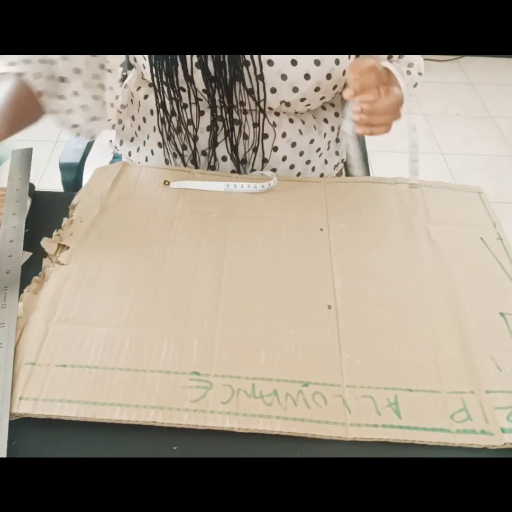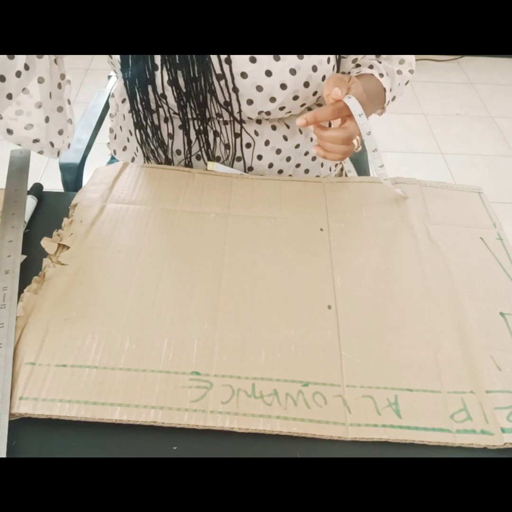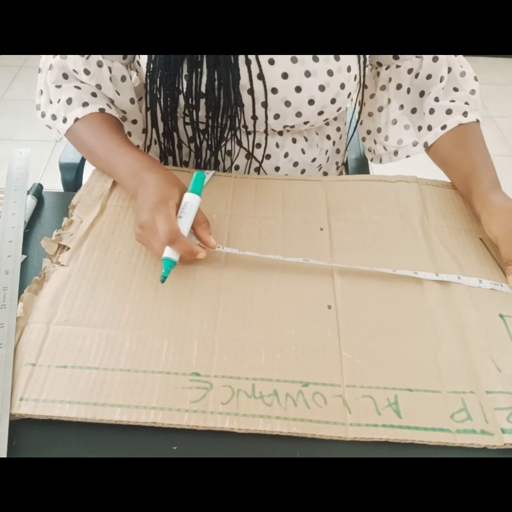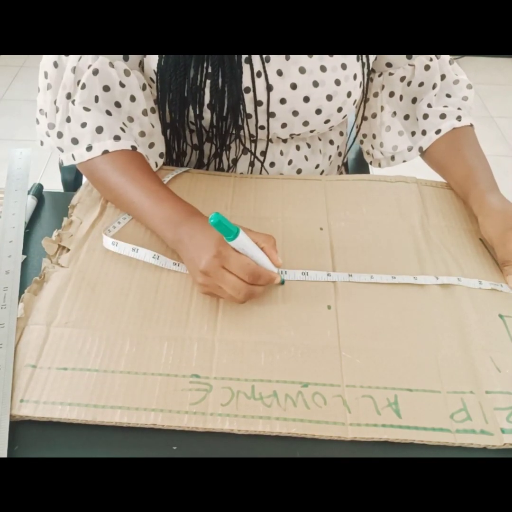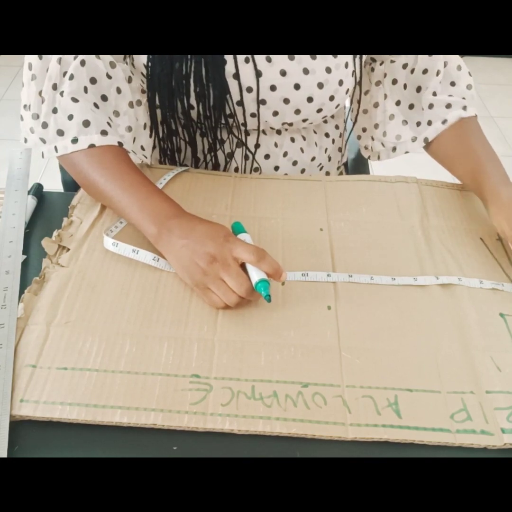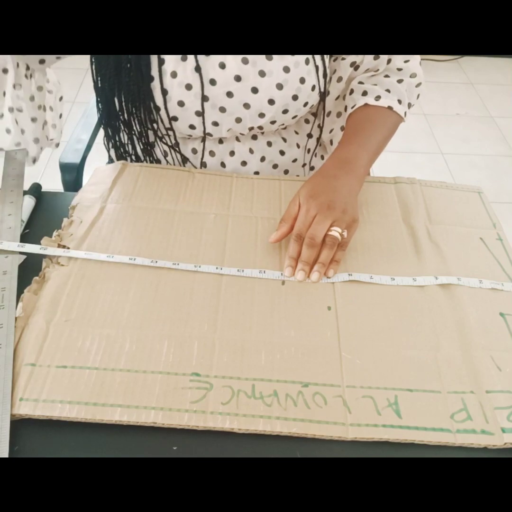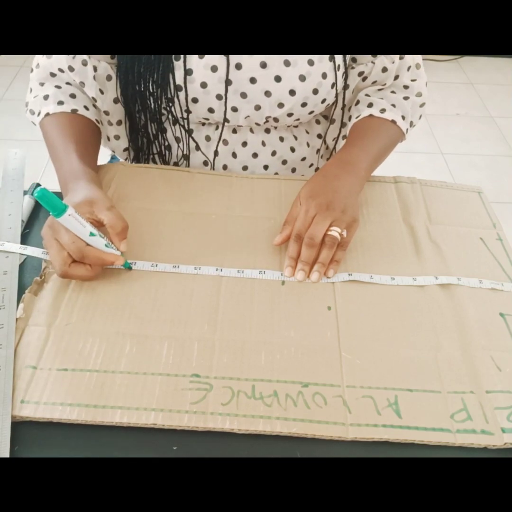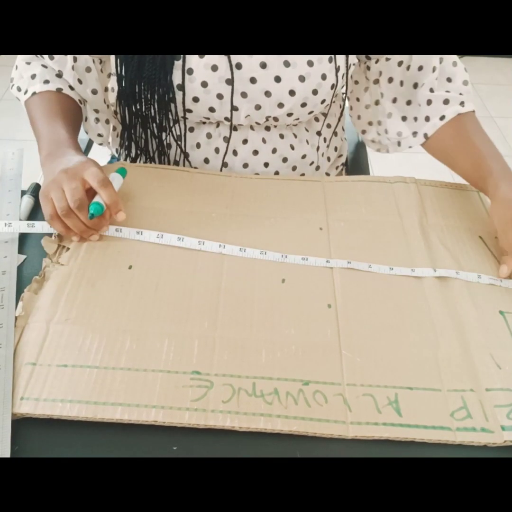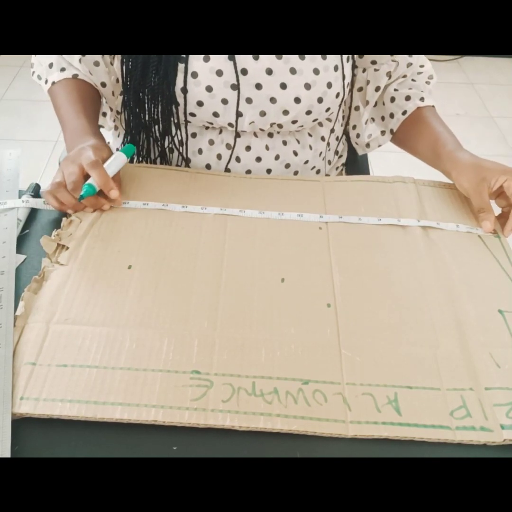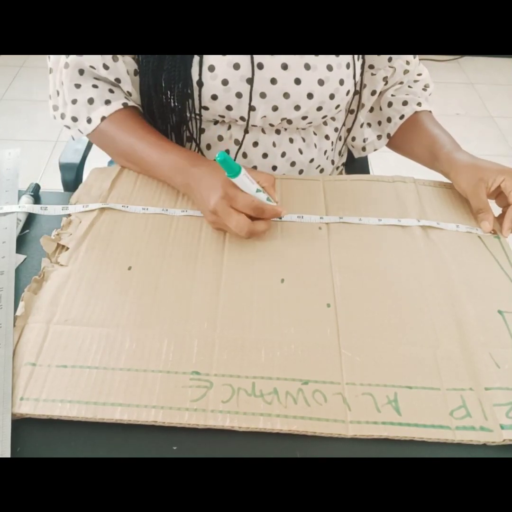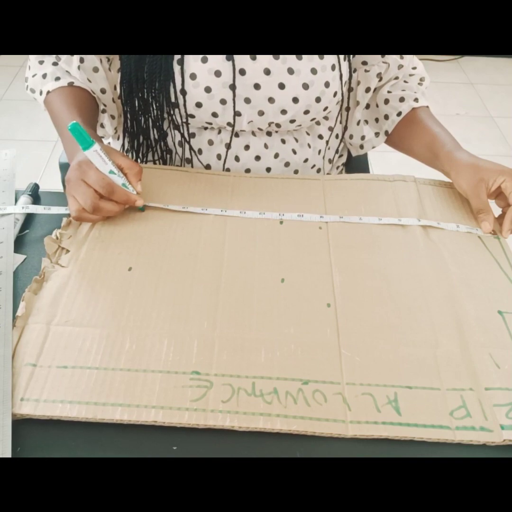So let's mark out all our vertical lines. Our shoulder to bust, we are using 11. We are not having underbust here, so just make use of the waist. 17.5, which is 18. Shoulder to bust and shoulder to waist.